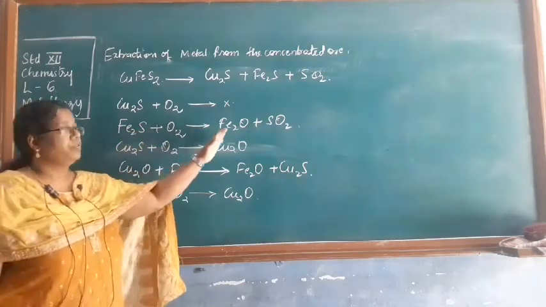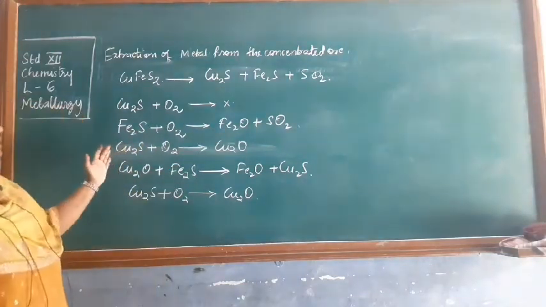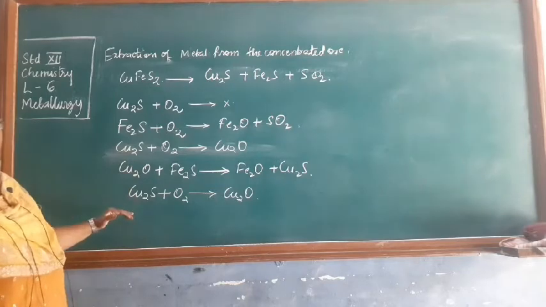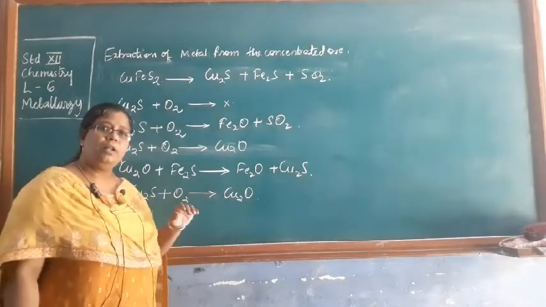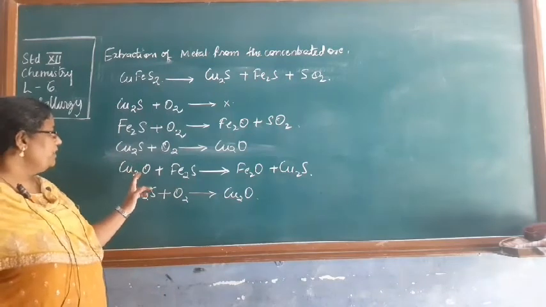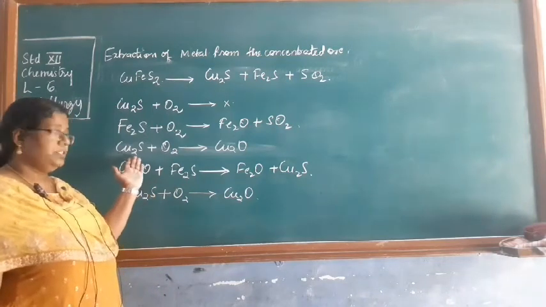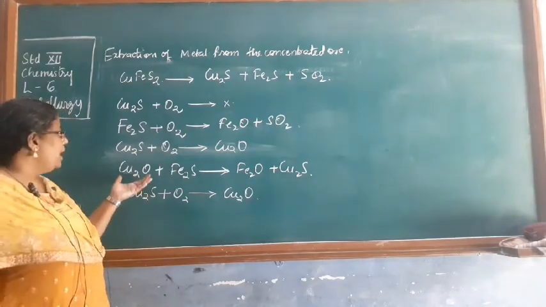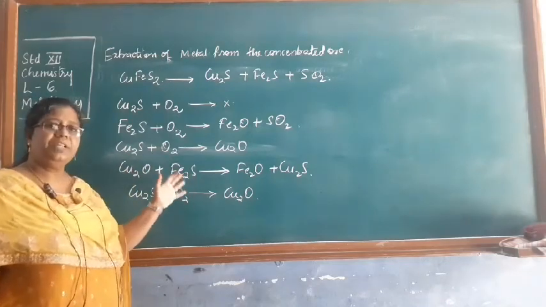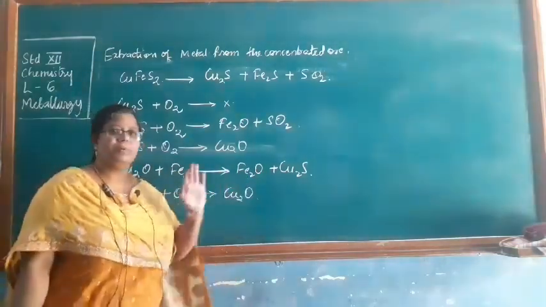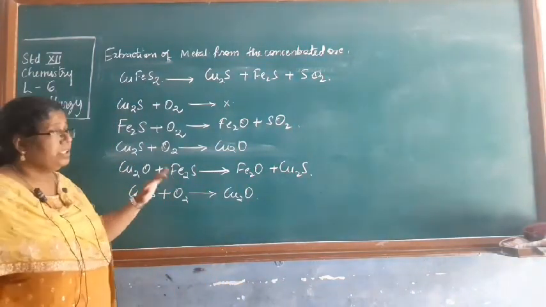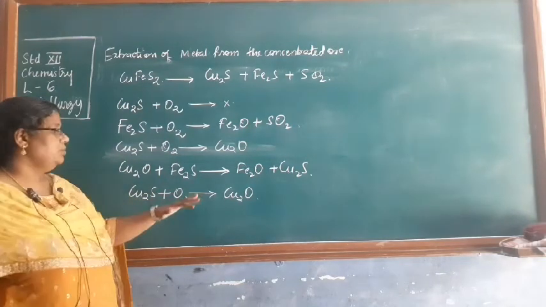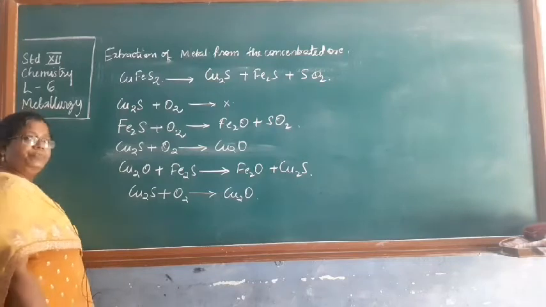Even if copper oxide is formed in some less amount, that copper oxide will again react with the unreacted iron sulphide and get converted to copper sulphide again. When all the iron sulphide has got converted to FeO, then Cu2S will get converted to Cu2O.